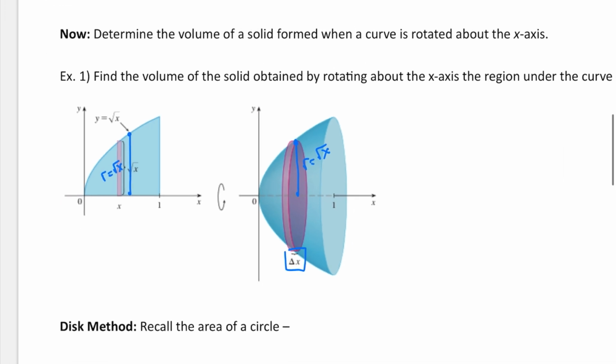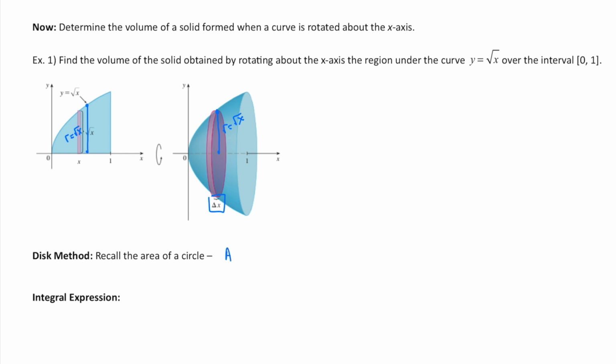Now, we can find the area of a circle. Remember that the area of a circle is pi r squared. So then, if we're going to find the volume of one of those disks, the volume is going to be pi r squared multiplied by the thickness delta x. Combining this into our integral expression, we're going to be taking the integral of pi r squared dx, and our bounds in this case are going to go from 0 to 1. Now, we have that our radius is given by the square root of x.